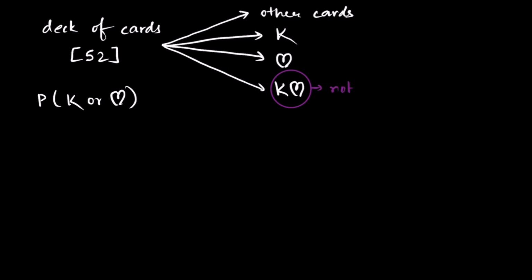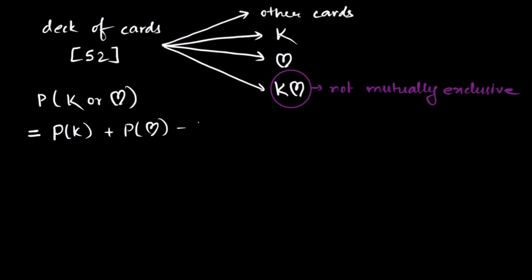So this is also not mutually exclusive, and you know the formula for not mutually exclusive. So the probability of getting king or heart is equal to probability of getting king plus probability of getting heart minus the probability of getting king and heart.